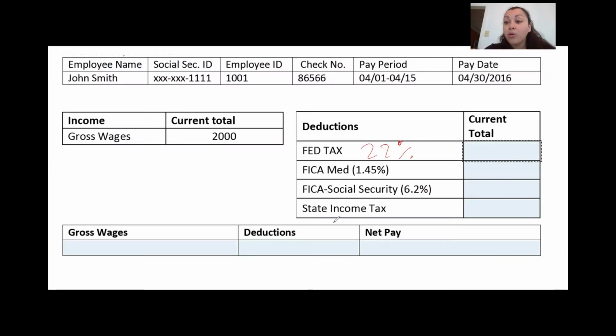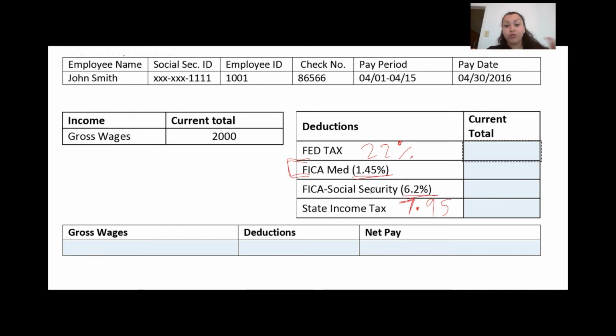And let's say they lived in PG County, and so their state income tax would be 7.95%, like we calculated on the previous slide. FICA, Medicare, and Medicaid is the same every time. It's 1.45%. And then FICA Social Security is 6.2%.